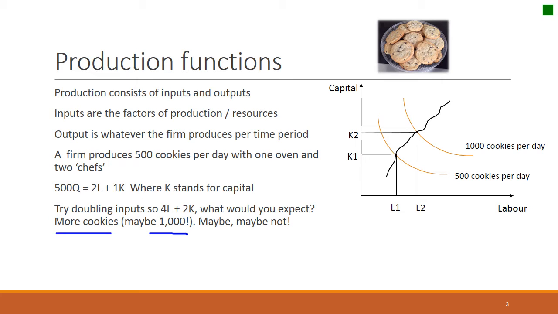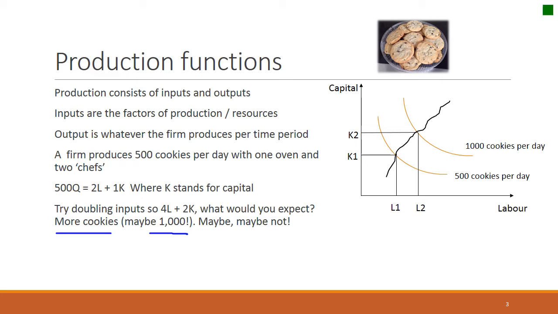And of course we can switch that around if we want to and make it Q equals 2L divided by 500 plus 1K over 500.